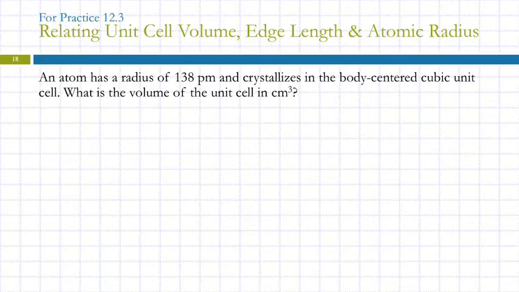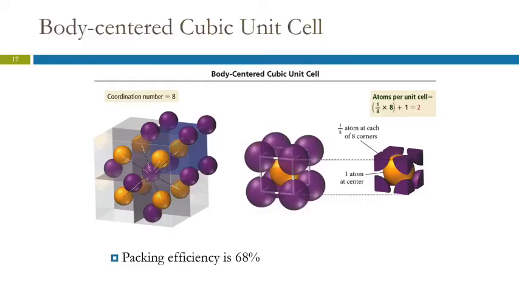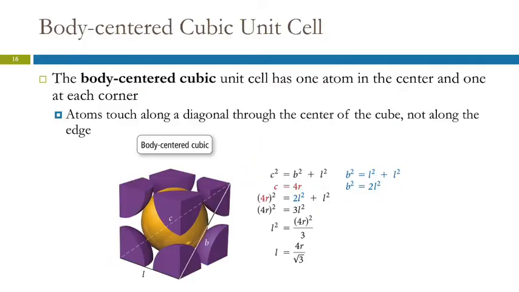An atom has a radius of 138 picometers and crystallizes in the body-centered cubic unit cell. What's the volume of the unit cell in cubic centimeters? We're going to need L equals 4r over the square root of 3.